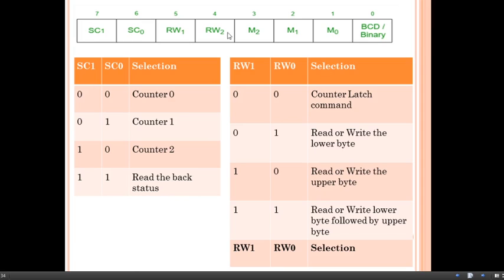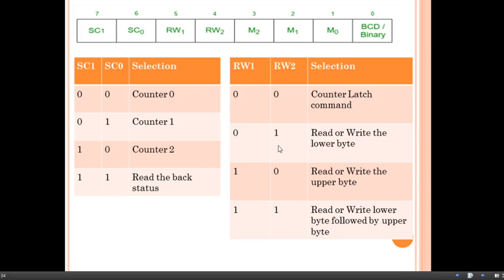After that, this RW, here it should be RW0 and RW1, or you can also consider it as RW2 and RW1. If both bits are 0, then the counter latching operation or counter latch command is selected.